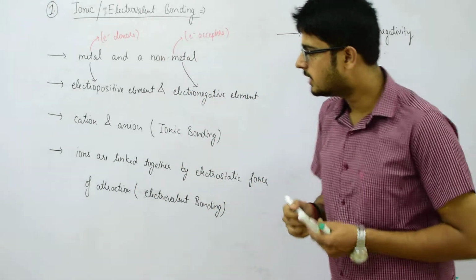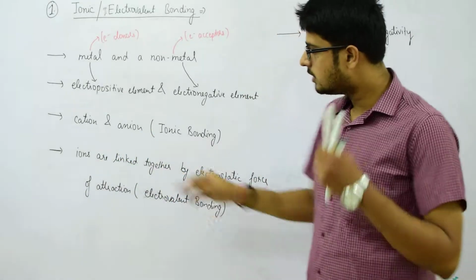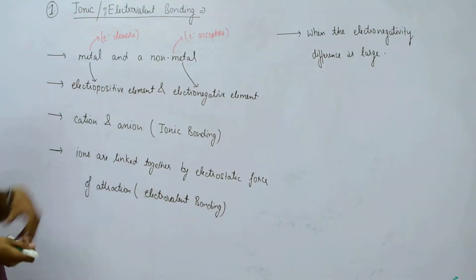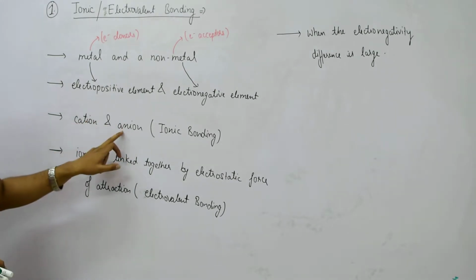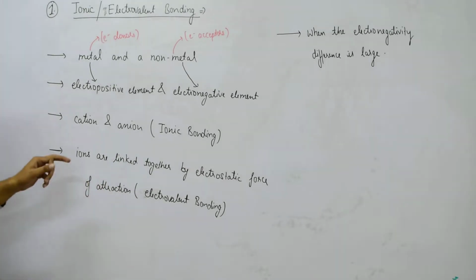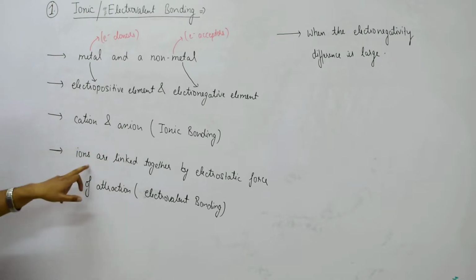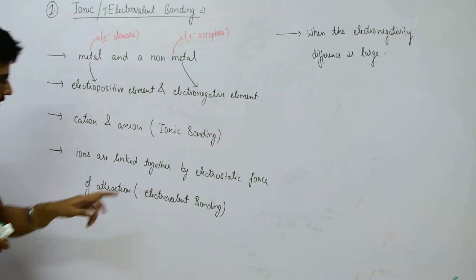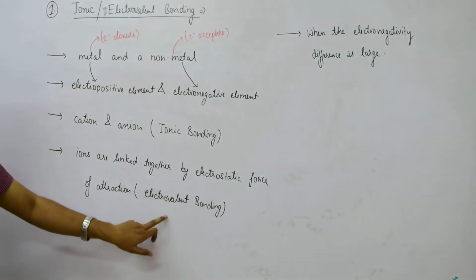The third is that it will always form between a cation and an anion, which are linked together, and since it is formed between two oppositely charged ions, it is called ionic bonding. The next point, it is called electrovalent bonding because the two oppositely charged ions are linked together by electrostatic force of attraction, and from the word electrostatic it is called electrovalent bonding.